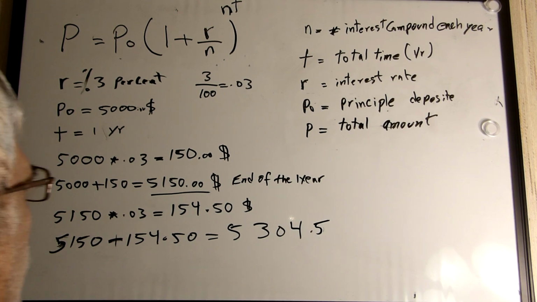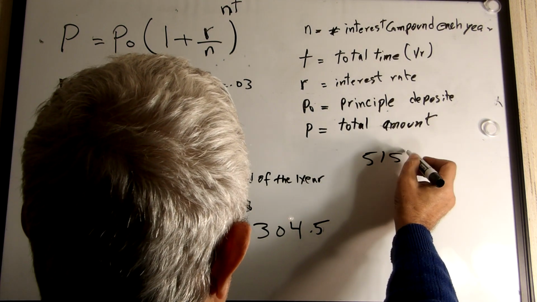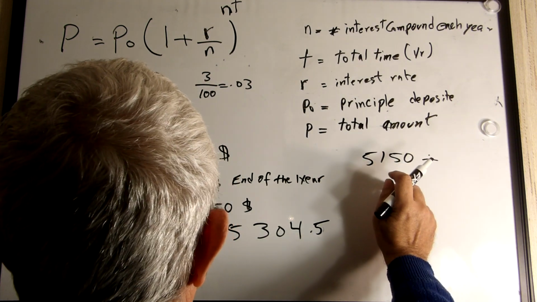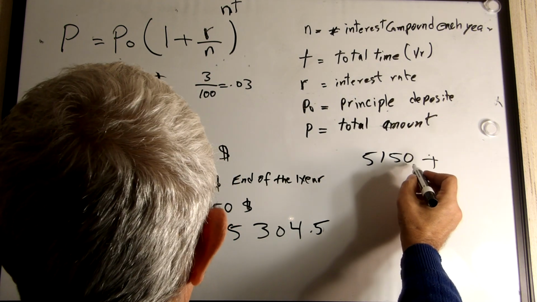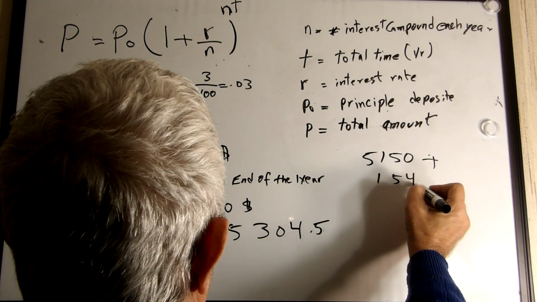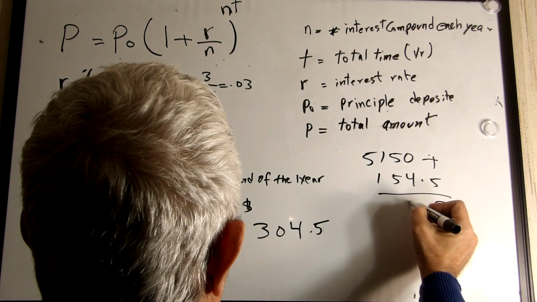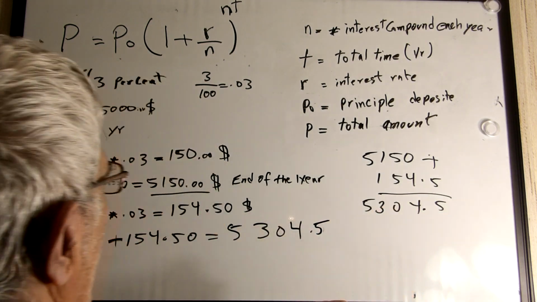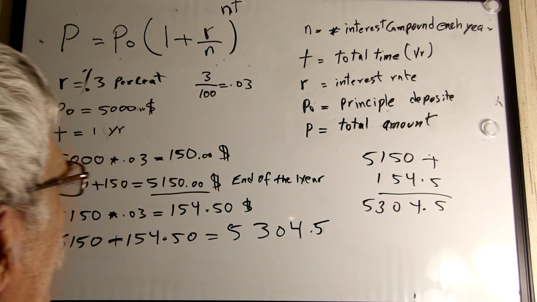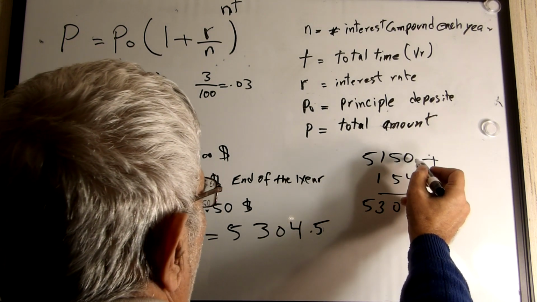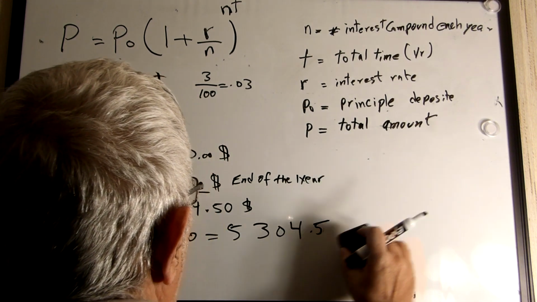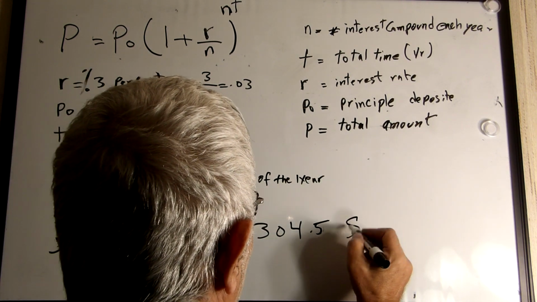You add this together, it's 150 plus 154.5, so it's going to be 5,304.50, just to check. So you're going to have this many dollars at the end of the second year.